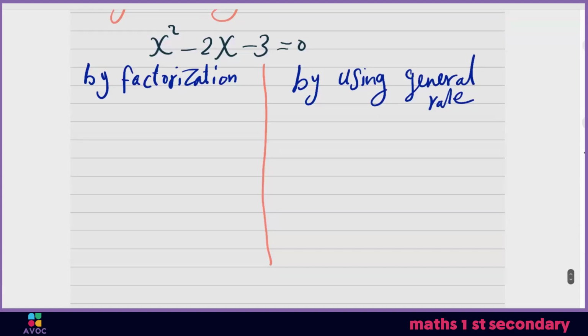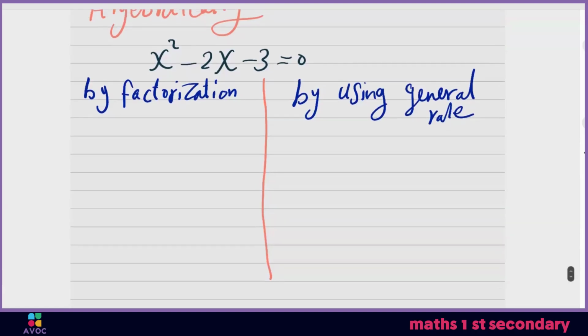To find the solution set of x power 2 minus 2x minus 3 equals 0 by using factorization, you will check that the right side is 0 at first. In the two ways, you must check the equation equals 0. After that, it is arranged descendingly according to the power of x: x power 2 minus 2x power 1 minus 3. So by using factorization, you will open two brackets equal 0.